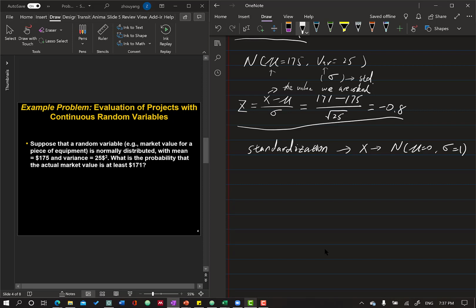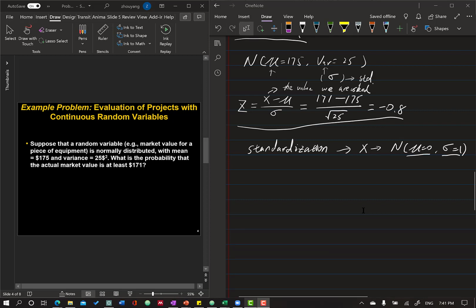Let me restate that. The formula standardizes the x values so that x comes from a standard normal distribution with mean 0 and standard deviation 1.